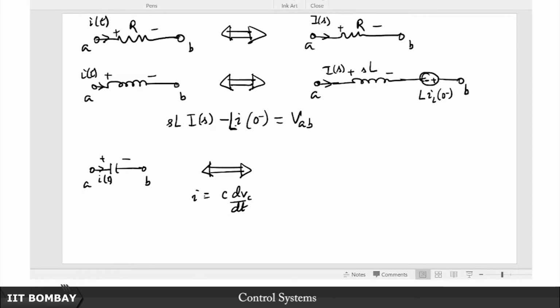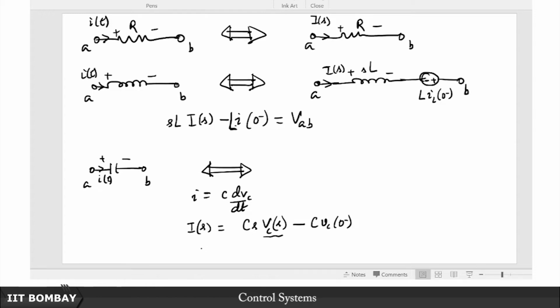So if you now want to write this out in the transform domain, you will have I(s) is equal to Cs times V(s) minus C vc(0-). In other words, if you want to replace this, you will have to add this.